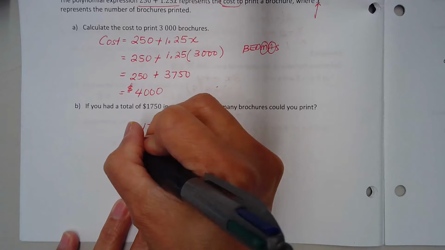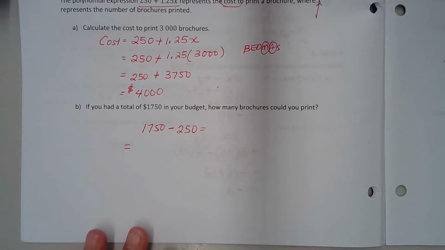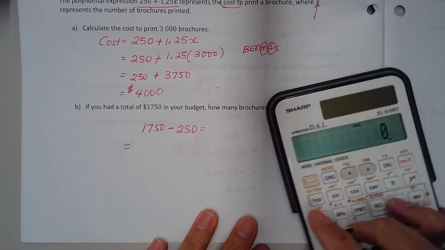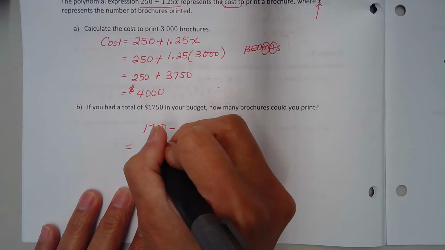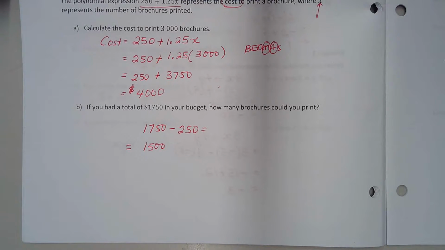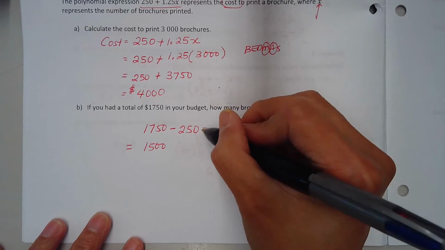Oh, maybe I should go like this. So minus 250, that's going to be 1500. So it's going to cost 1500 for so many brochures, right? So how many brochures can we buy with 1500?